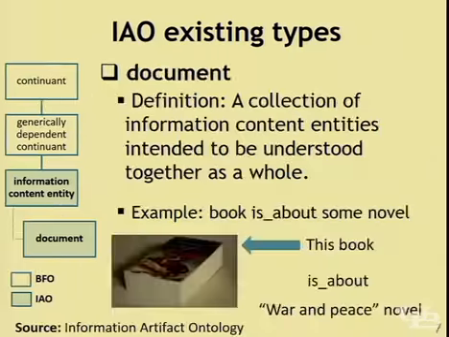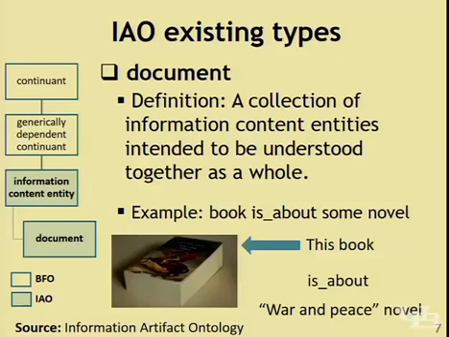And we also have a document as a subtype of information content entity. A document is a collection of information content entities that are intended to be understood together as a whole. For example, using the example from Barry, the War and Peace novel: this specific book in this picture is about the War and Peace novel.